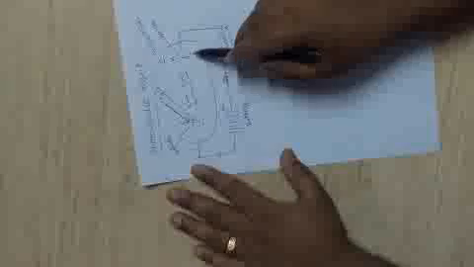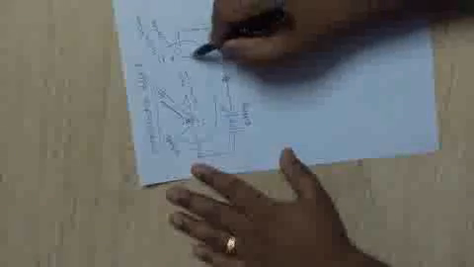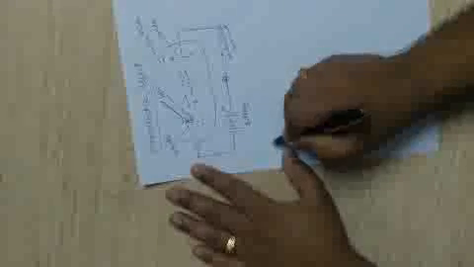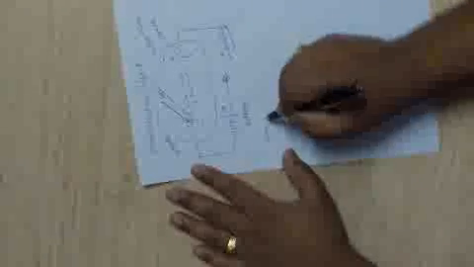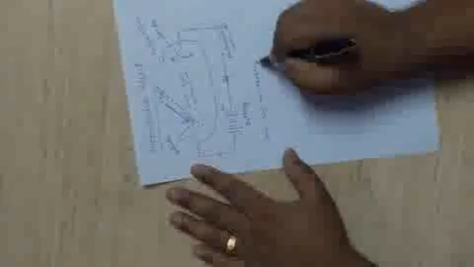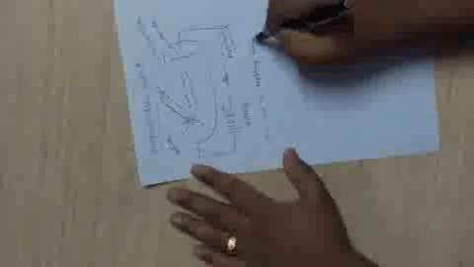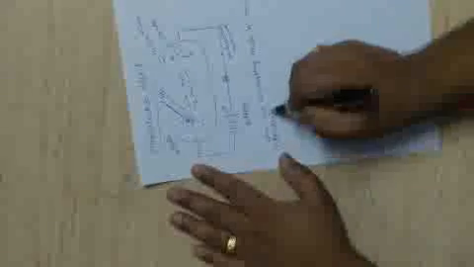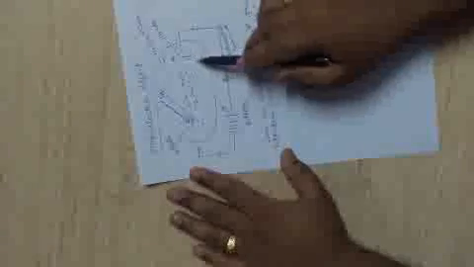Means now we are not using this positive, we are keeping anode A at a negative potential with respect to the cathode C.